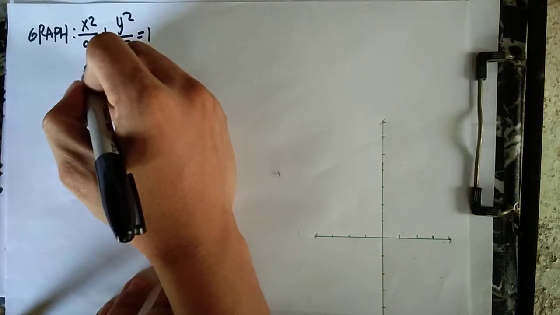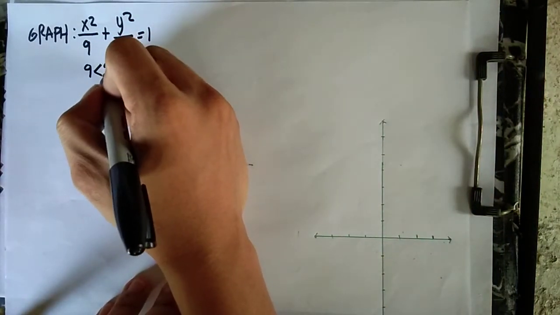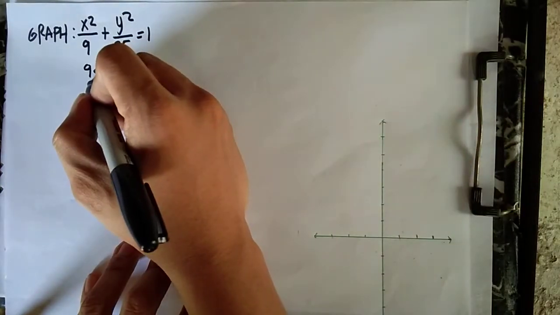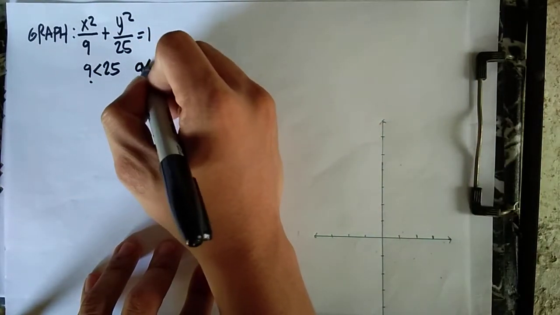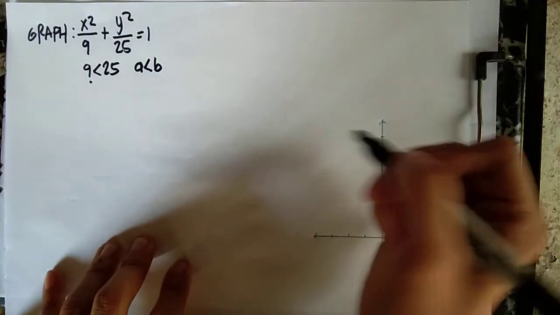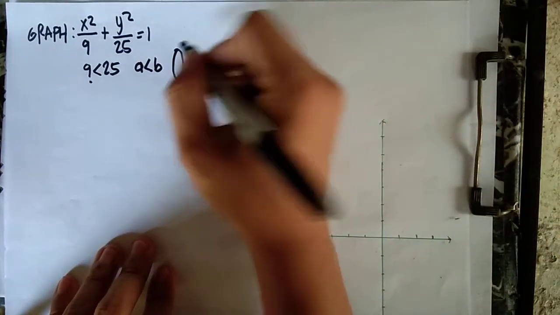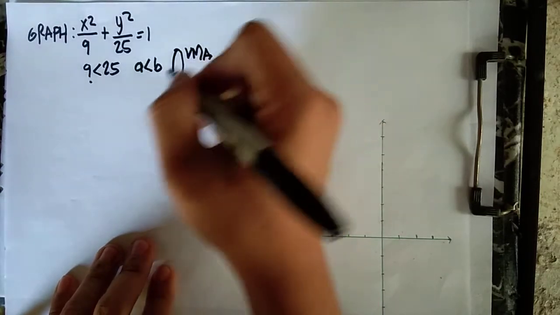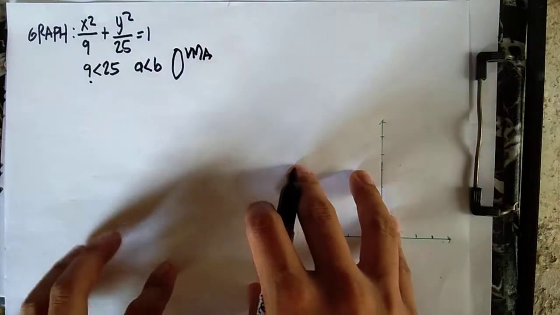So all we know that 9 is less than 25. So ibig sabihin, yung a natin is less than b. So ibig sabihin, magkakaroon tayo ng vertical major axis, yung patayo na ellipse.